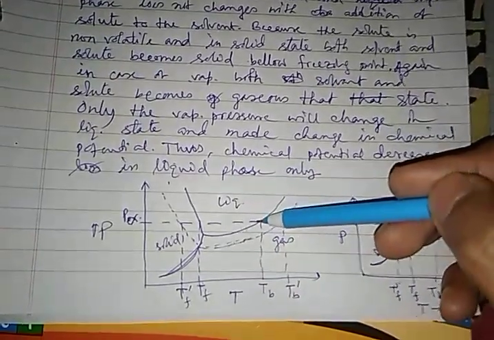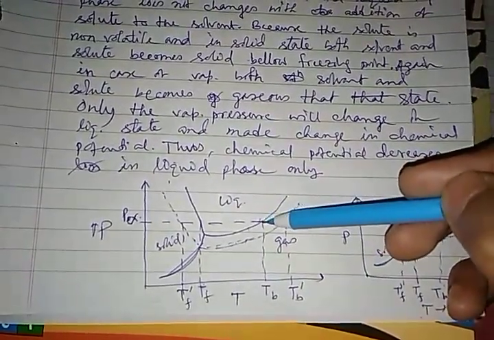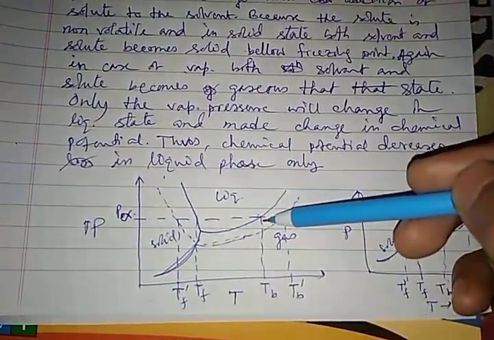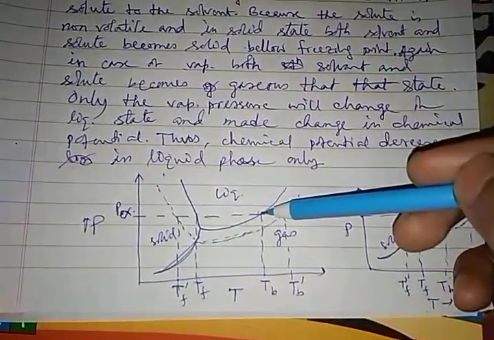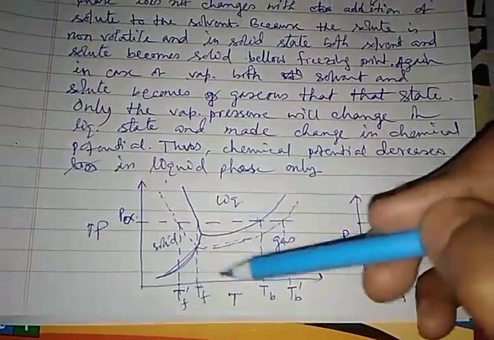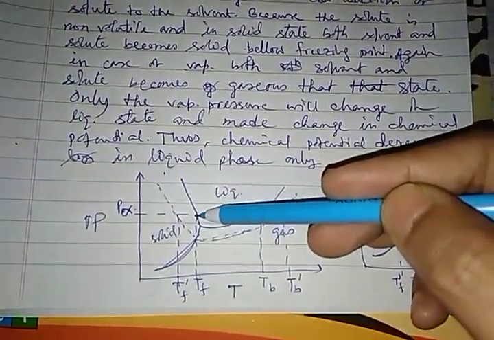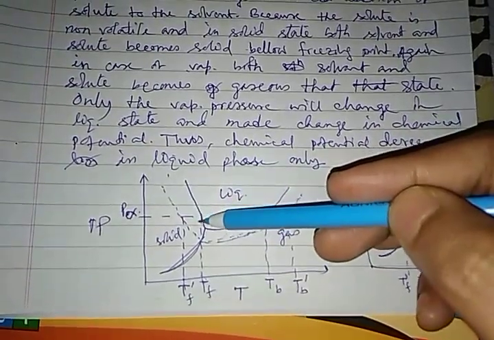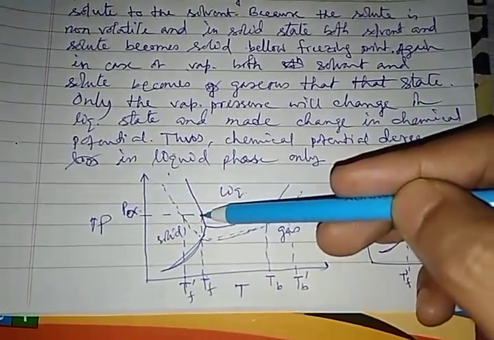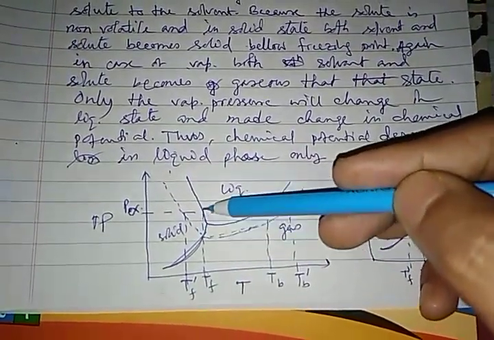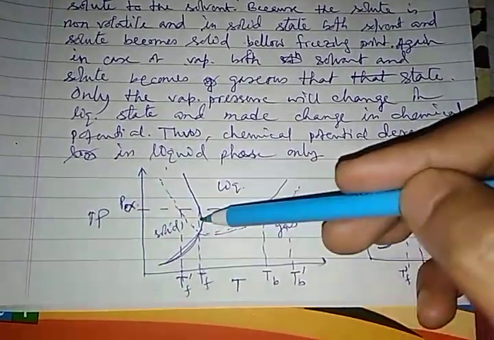The standard definition is that the liquid will boil when its vapor pressure is equal to 1 atmosphere, and the liquid will freeze when it is equal to the standard atmospheric pressure. All are at standard atmospheric pressure.